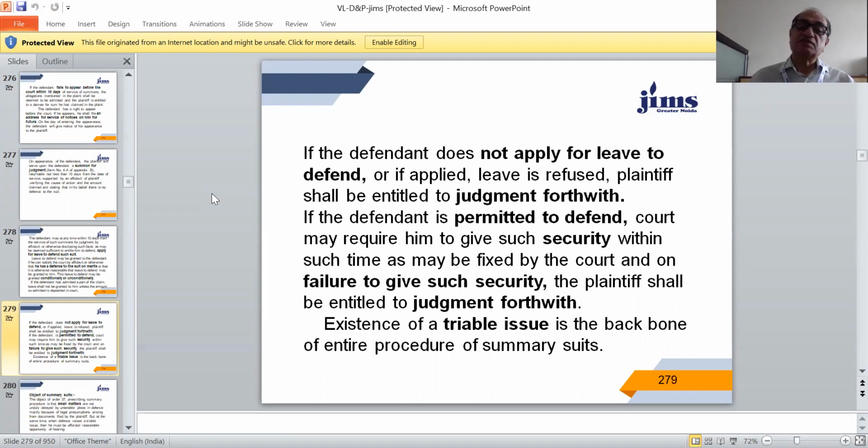You see, existence of a triable issue is the backbone of the entire procedure of summary suits. If in the opinion of the court, there is a triable issue, only then leave to defend shall be granted. Otherwise, leave shall be refused, and plaintiff is entitled to the judgment then and there forthwith.